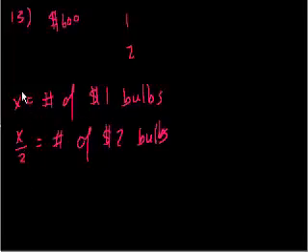So what is the total cost if we get x $1 bulbs and x divided by 2 $2 bulbs? Well, I'm going to get x $1 bulbs, and they're each going to cost $1, plus I'm going to get x over 2 $2 bulbs, and they're each going to cost $2.